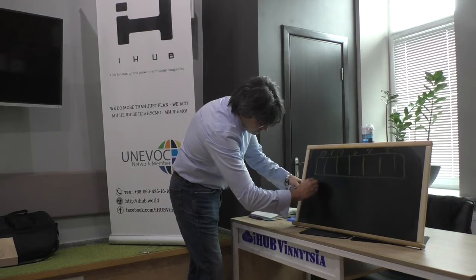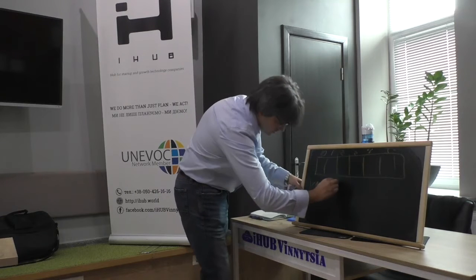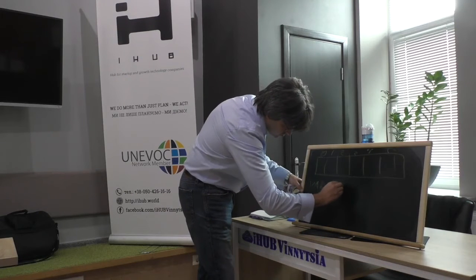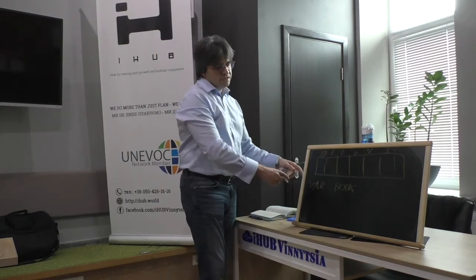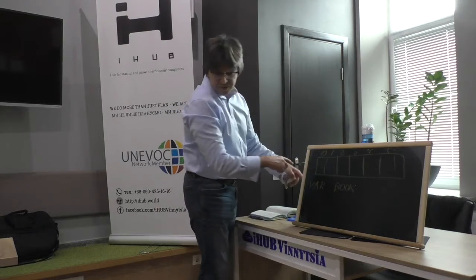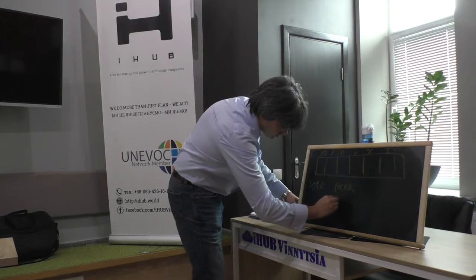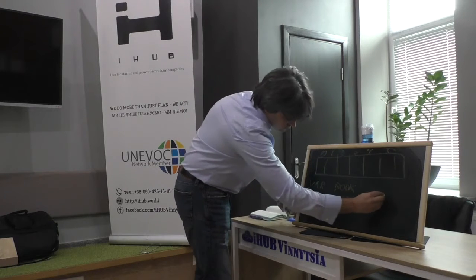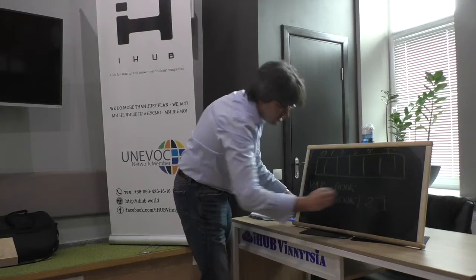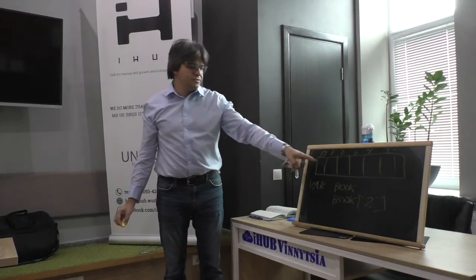If I write var book, I define the entire array. When I say book and in square brackets number 2, which of the boxes from left to right would it be?